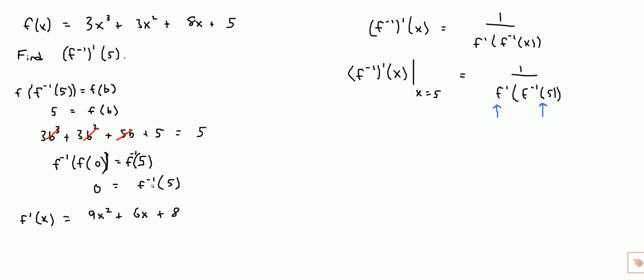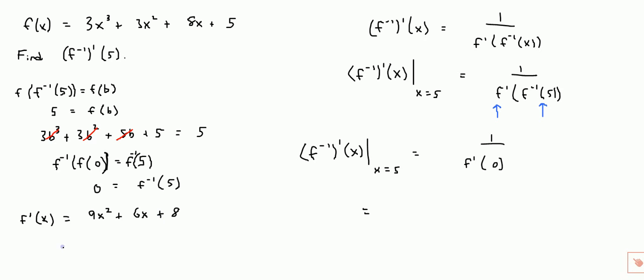Okay, so we have f inverse of 5, we have f prime of x, so then f inverse prime of x evaluated at x equals 5 is equal to 1 divided by f prime of 0, right, because 0 is f inverse of 5.